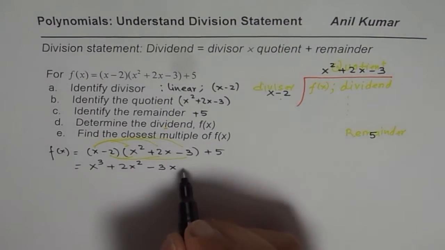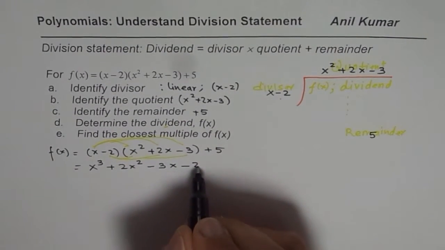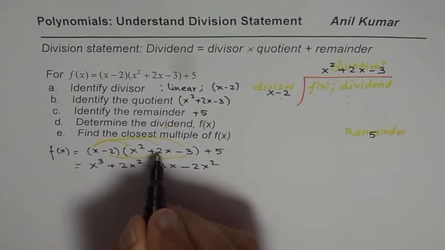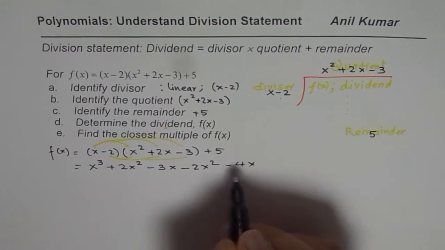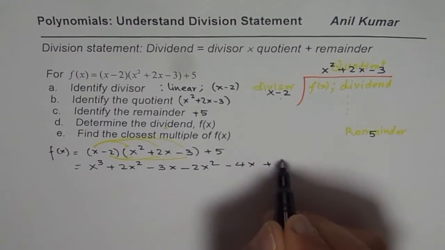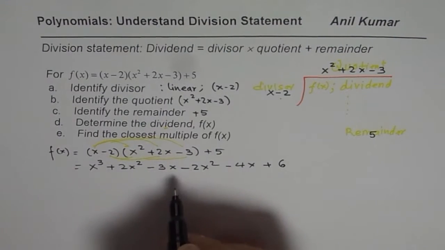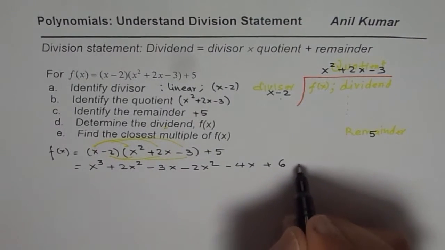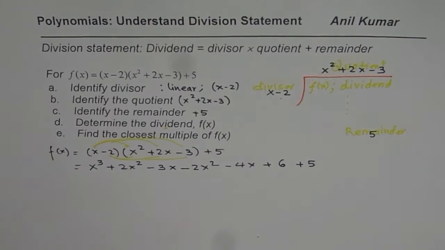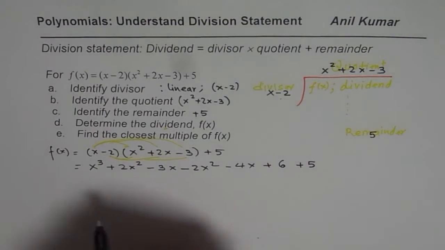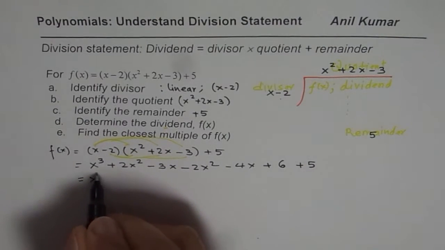With minus 2, remember to write the negative sign: minus 2x squared, minus 2 times 2 is minus 4, minus 4x. Minus minus becomes plus, with 3 times 2 is 6. Now we have plus 5, so let's add 5 to it. That becomes the polynomial. Let's combine the like terms, which gives us x cubed.